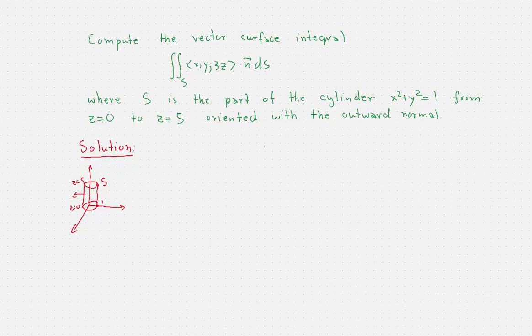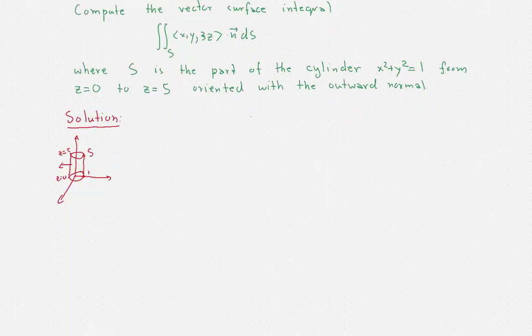If I write down r cosine theta, r sine theta, and z, these are the expressions of the Cartesian coordinates with respect to cylindrical coordinates. So if we actually restrict r to be 1, then we find ourselves exactly on the surface of this cylinder.